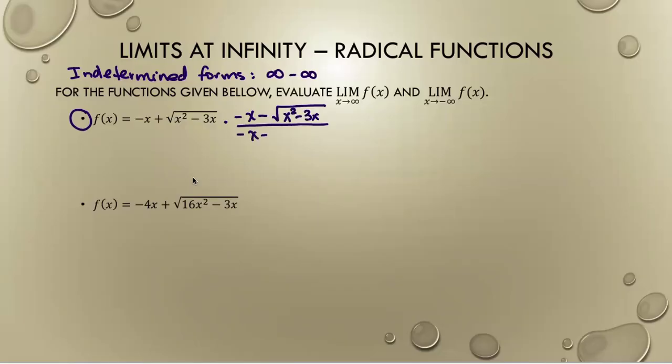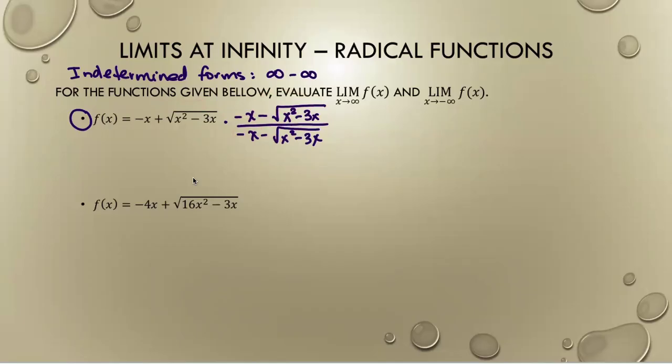The denominator needs to be exactly the same because I need this to be a fraction equivalent to 1, since 1 times the original expression will be the original expression. So I am just keeping everything the same.